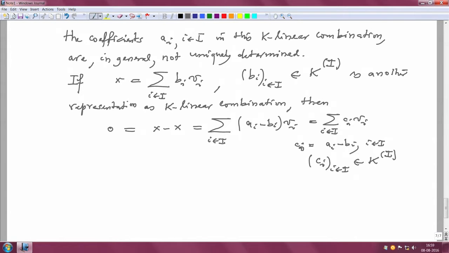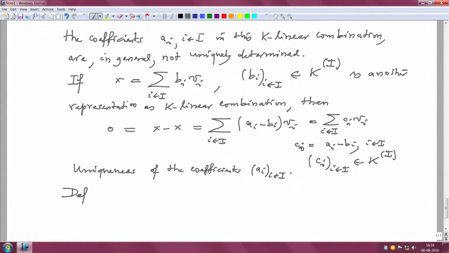So the uniqueness of the coefficients a_i demands the following condition on the family v_i. Let me put it in definition form.